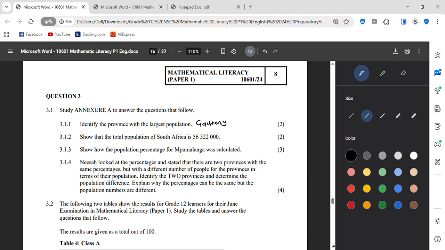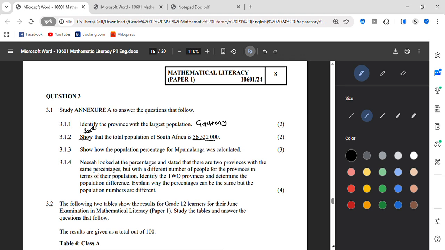Number 2 says, show that the total population of South Africa is 56,522,000. When they say show, I always tell my learners that they are also sure of their case, which means they are certain of what they are saying.